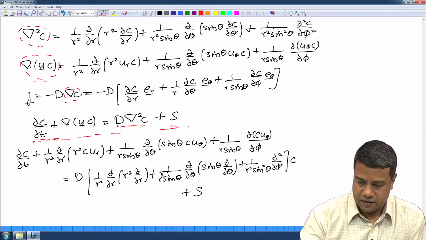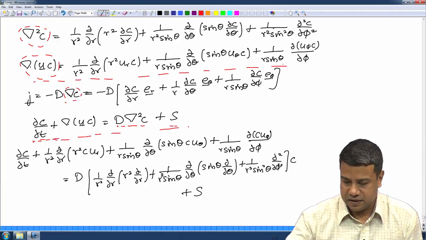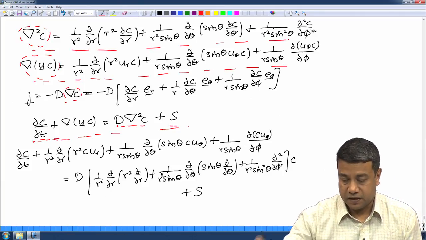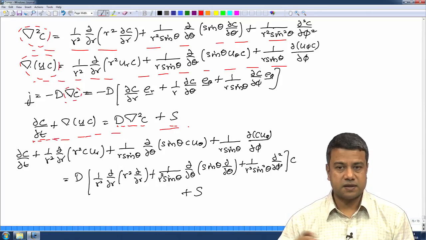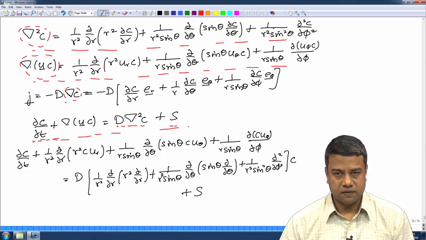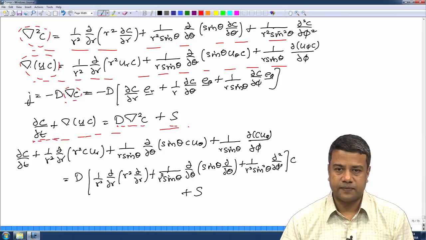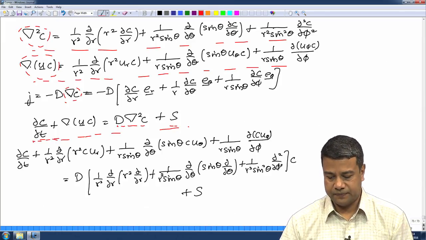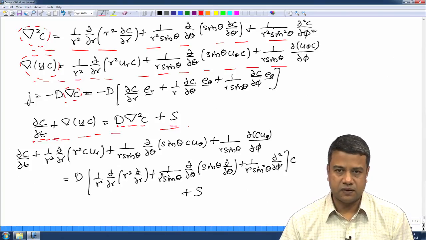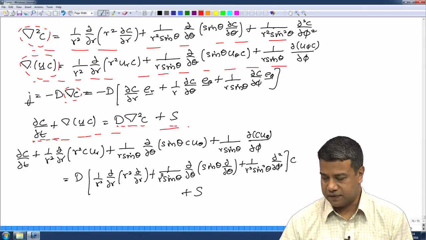The definitions of the divergence and the Laplacian are now different, because in this spherical coordinate system the surfaces perpendicular to the coordinate axis are not surfaces of constant area. The area changes as the coordinate changes, and that has to be taken into account in the definition of the divergence and the Laplacian. Other than that, the procedure is exactly the same, and we got the conservation equation for the concentration field.